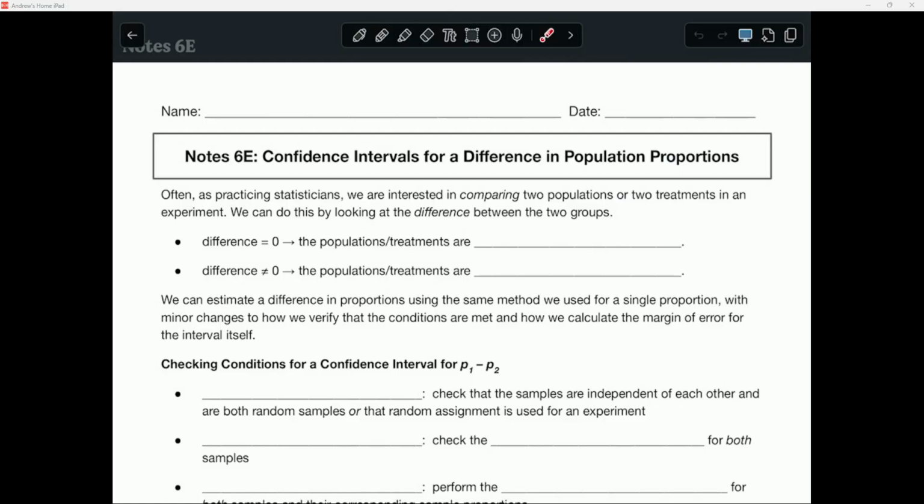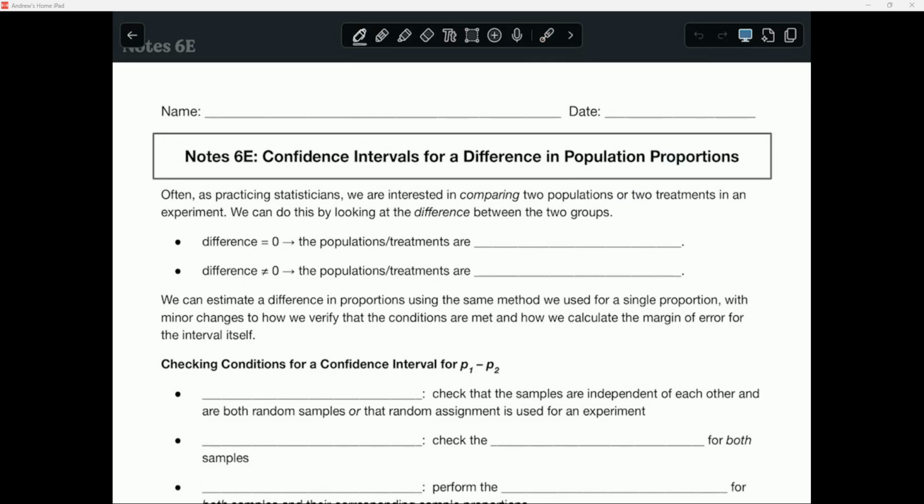But I did want to continue our notes, so we're going to pick up with note 6E, and we're going back to confidence intervals for a difference in population proportions. We use this when we want to compare two populations or two treatments in an experiment.